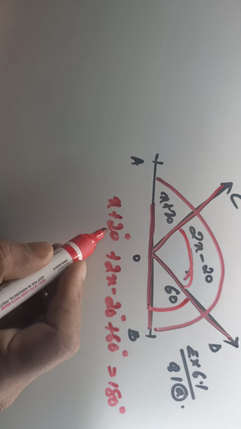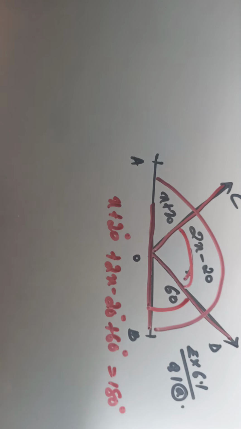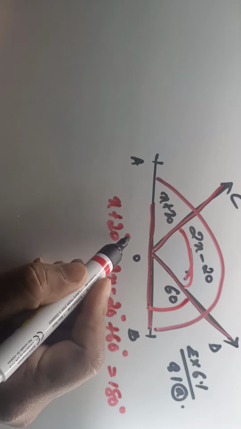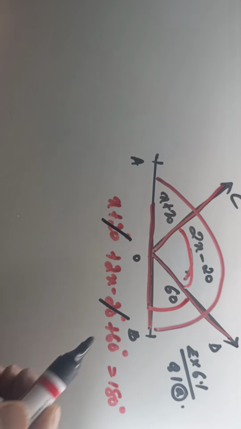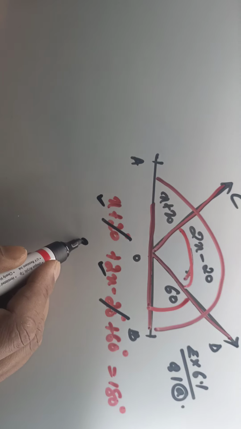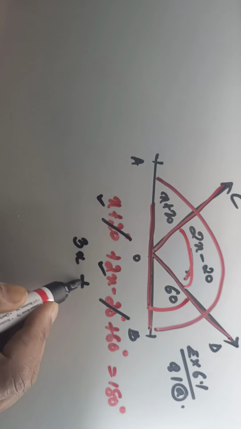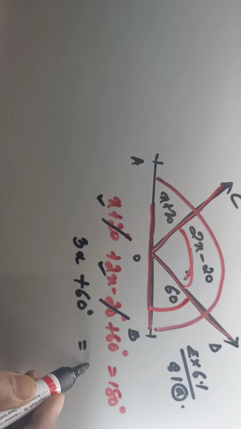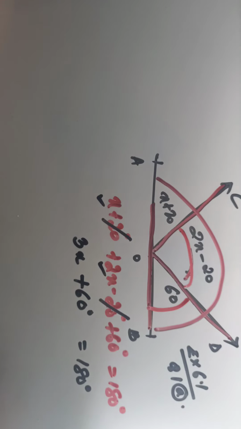If you can see here, this is plus 20 and this is minus 20, so these two can be cancelled. Now this is x and 2x, so x plus 2x will be 3x, plus 60 degrees, equal to 180 degrees.